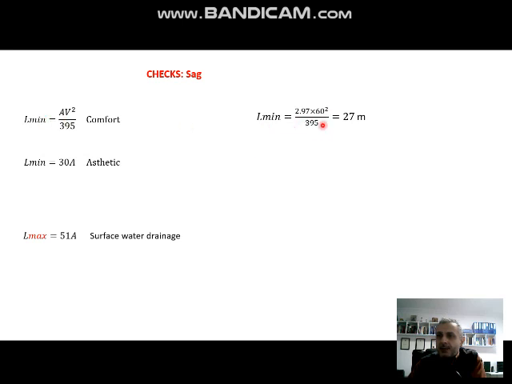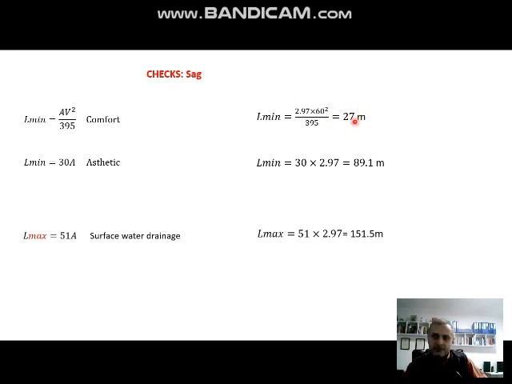A times V squared divided by 395, 27 meters. 30 times A, 89 meters. And maximum 151 meters. So that means I can't use 27, I can't use 29 from the previous page because there is 89 here, minimum. So my curve has to be within 89 and 151, somewhere in between.